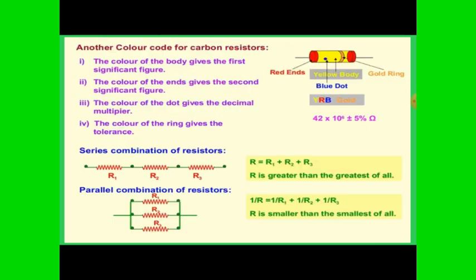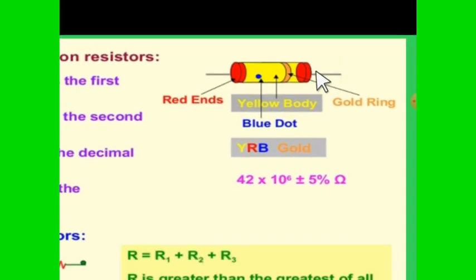Let's go to the next one, which is another model for representing the resistor. This model is seldom used nowadays. You will find a colored body. The cylinder of the resistor is colored, and you need to see the color of the body, the color of the two ends of the resistor, the dot mark on the body, and the ring.